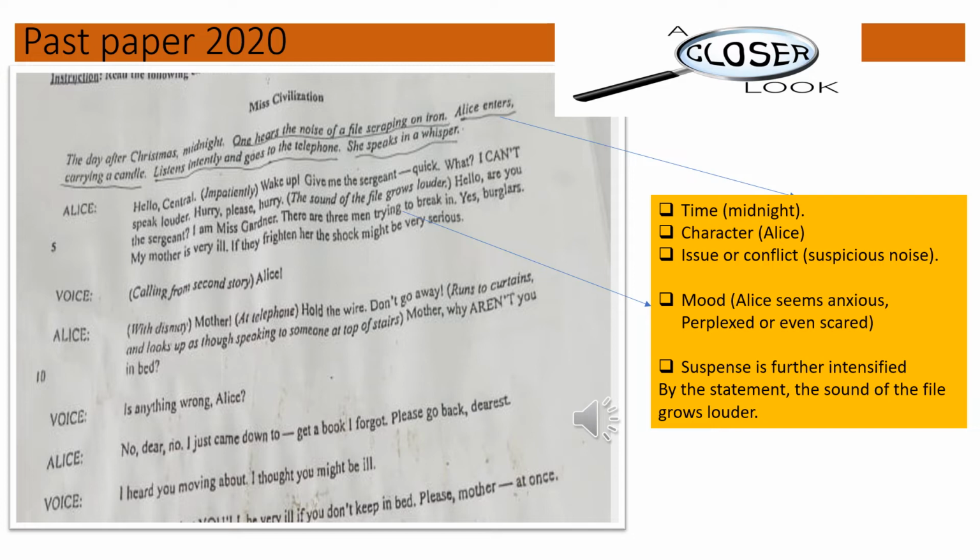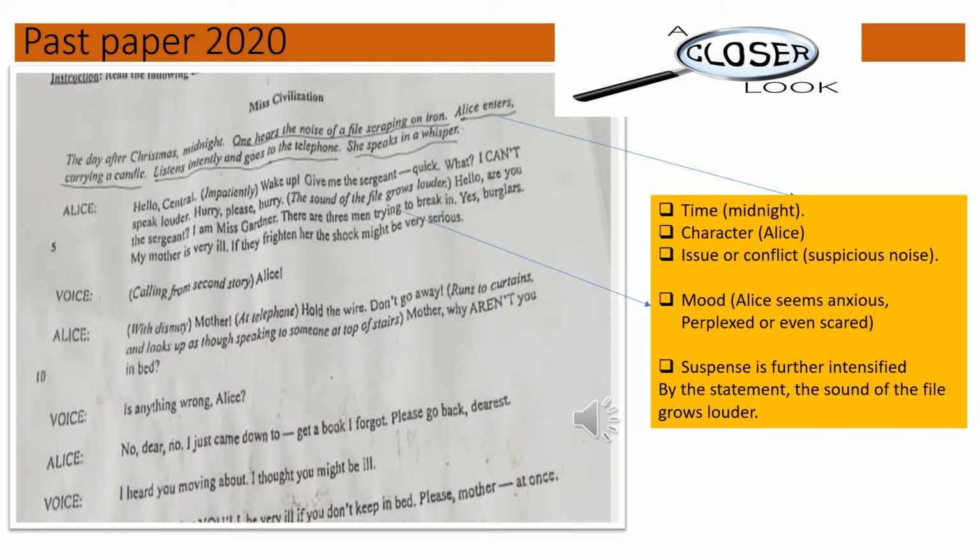As you read further along, you would have seen that the mood Alice is in is also revealed by the stage direction. "Hello, Central," impatiently. "Wake up. Give me the sergeant. Quick. What? I can't speak louder."